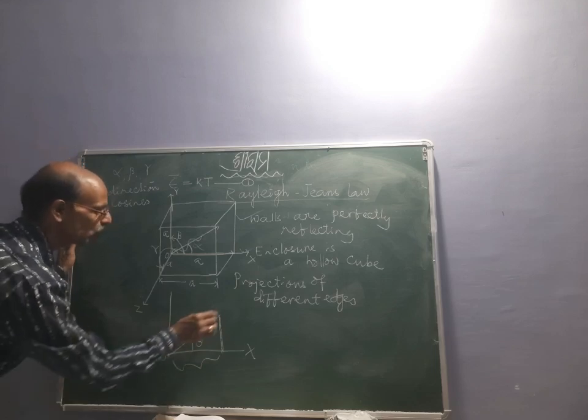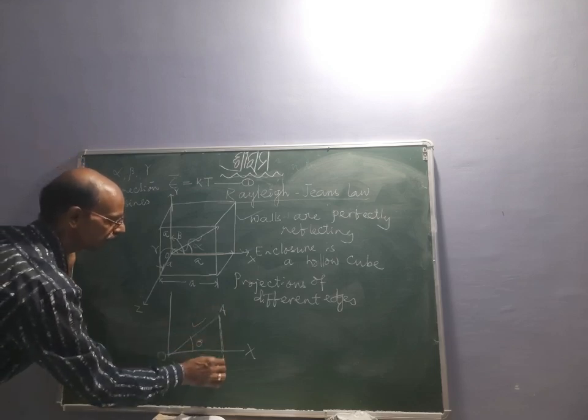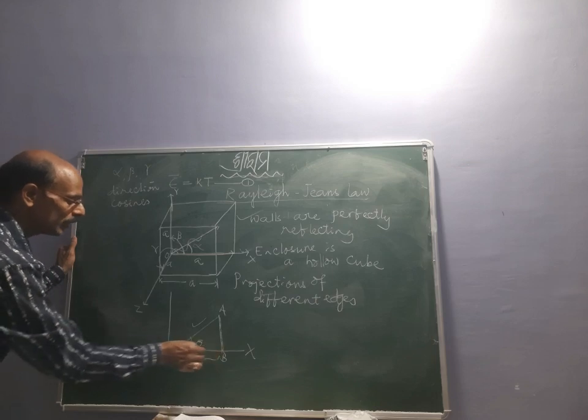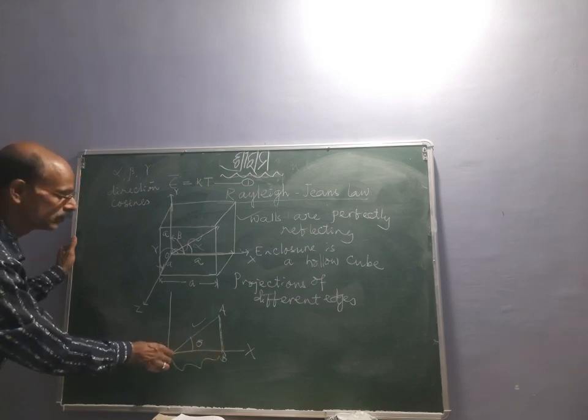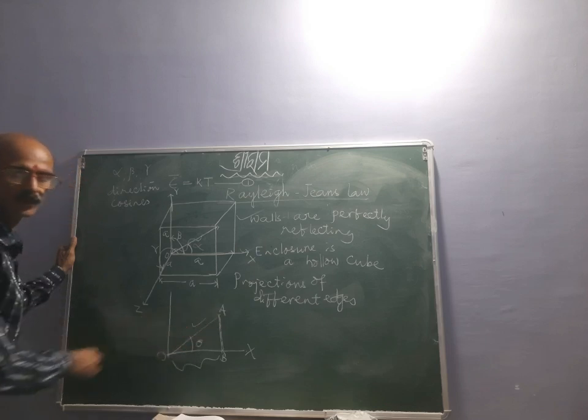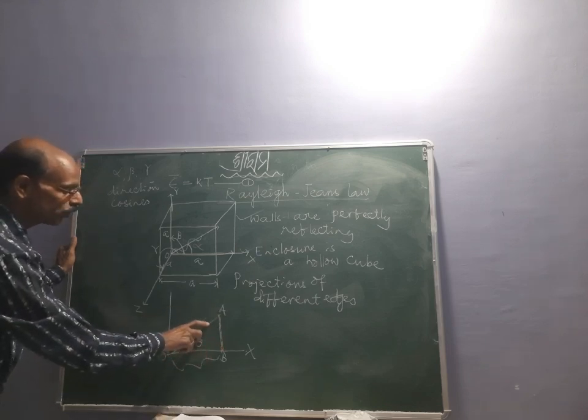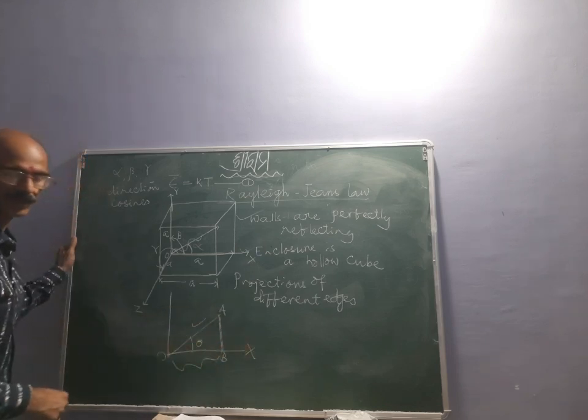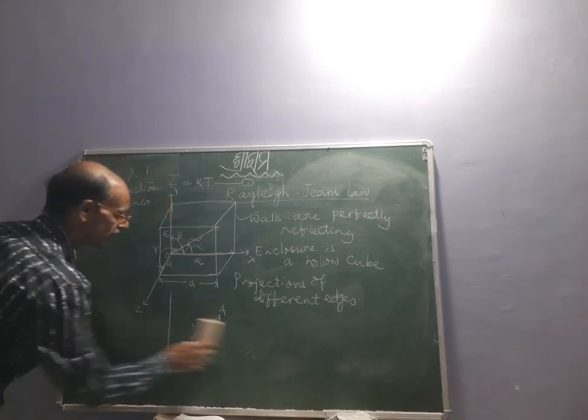Suppose this is OAB. So OB is the projection on the x-axis of OA. OB is the projection of OA on the OX. Right?